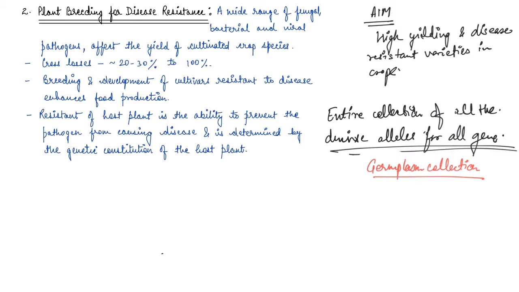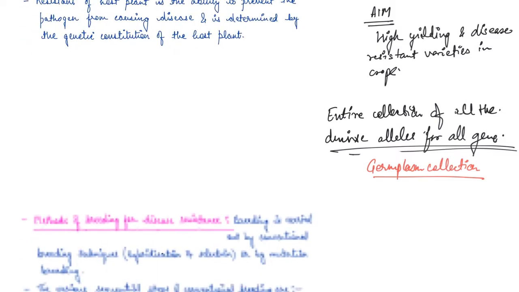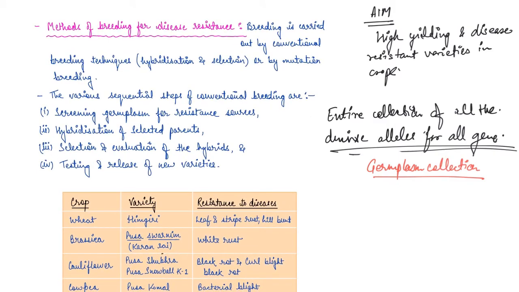So there was breeding and development of hybrids which are resistant to these diseases, and that enhances the crop production, right?